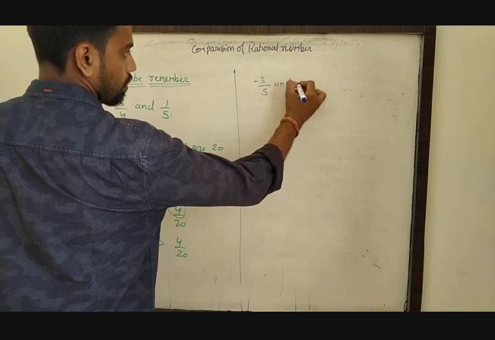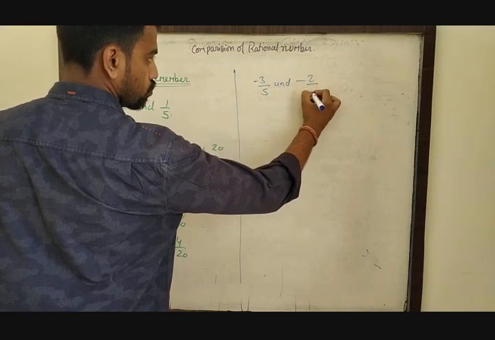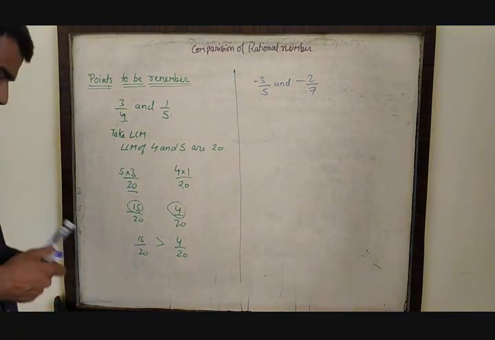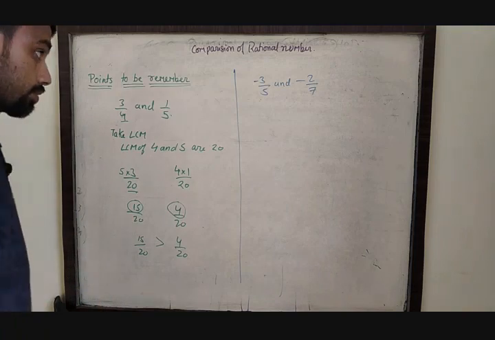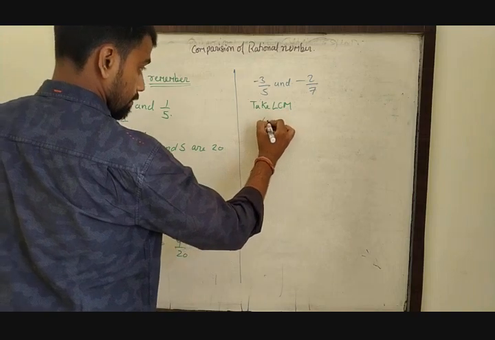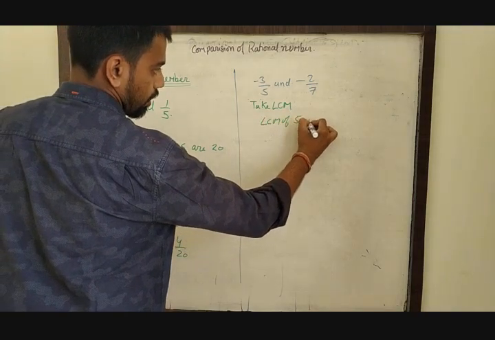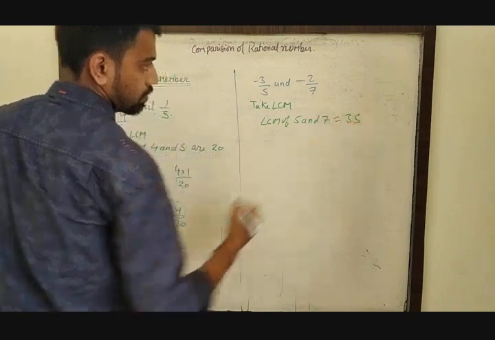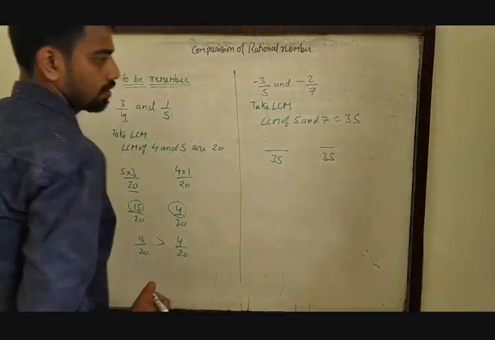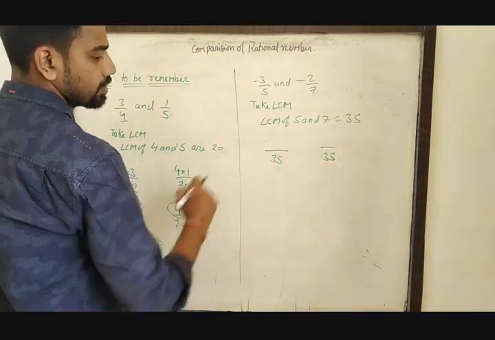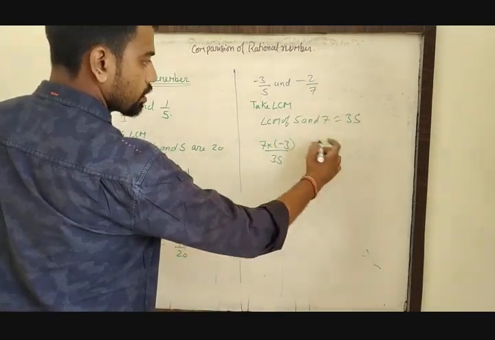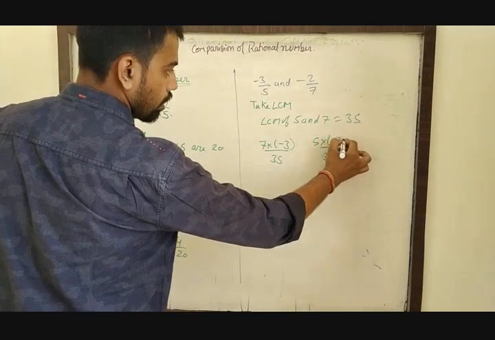-3/5 and -2/7. Again, take LCM. LCM of 5 and 7 is equal to 35. Replacing the denominators, 5 7s are 35, so 7 into -3, and 7 5s are 35, so 5 into -2.